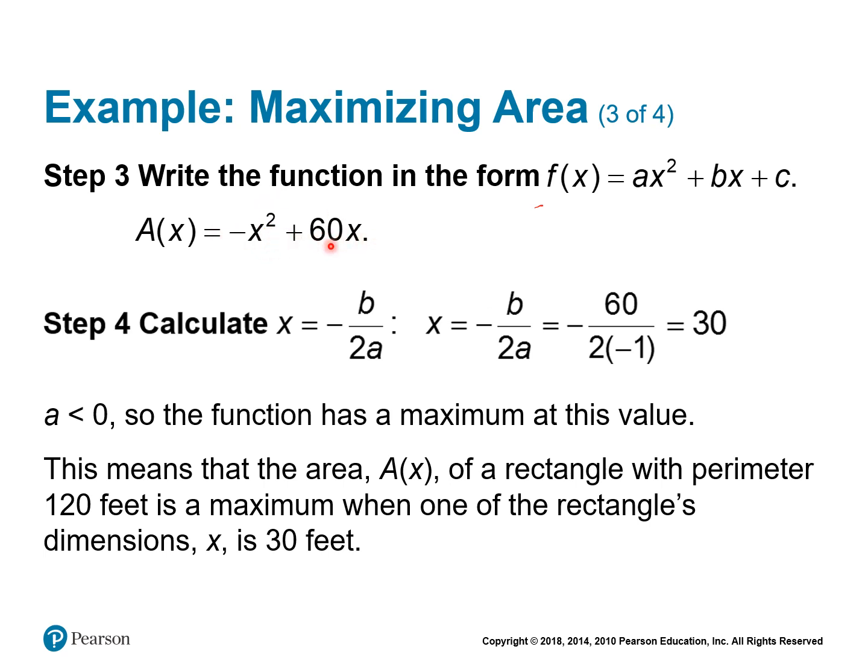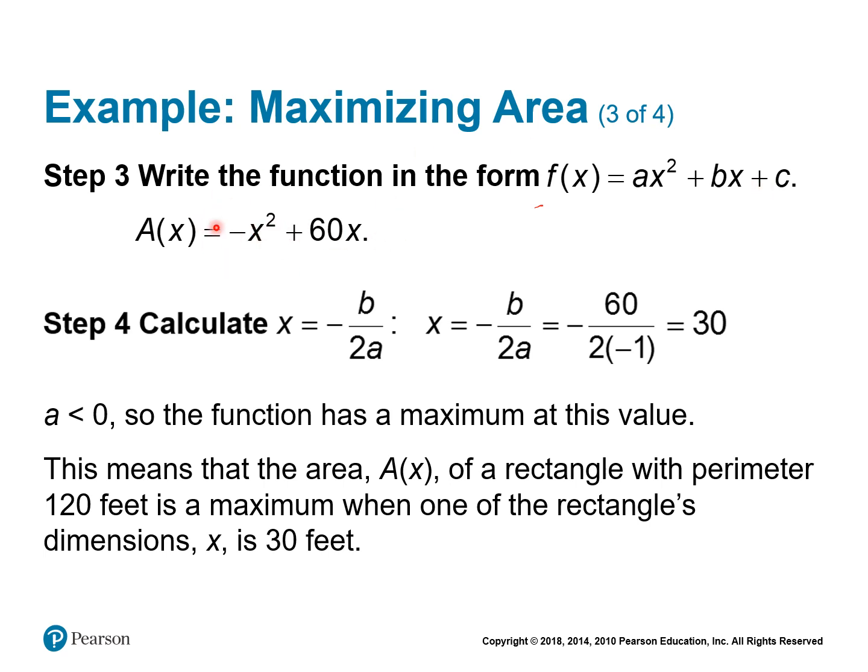Now this is in the standard form, which is ax squared plus bx plus c. All right, and I'm going to try to fit this into the standard form to obtain the values of a and b and c, which we will need for the subsequent steps, right?